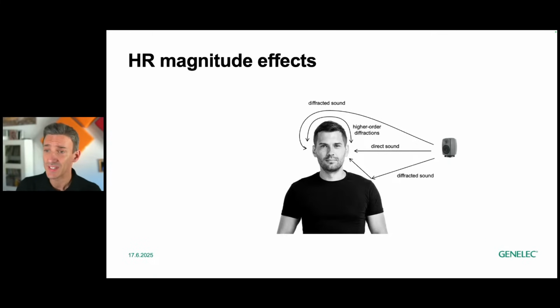And what you can also see here is that we not only have the direct sound path, we usually also have other sound paths, for example, hitting our arm or the shoulder, and then the sound gets diffracted because you just have a different path, which again can of course cause issues with timing and phasing. So these are the so-called magnitude effects.